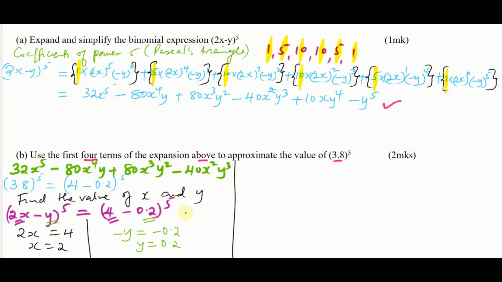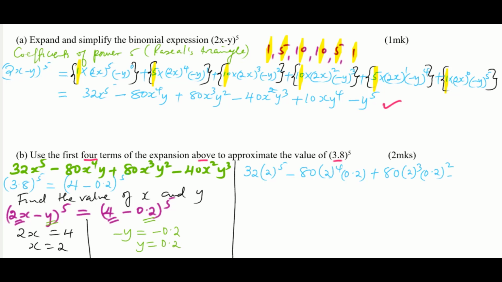In our equation, this is the equation that we have here. So we have 32, x is 2, so it's going to be 2 raised to power 5, minus 80, x is 2, this is power 4, y is 0.2, then plus 80, this one is x cubed, which is 2 cubed, 0.2, y is squared.